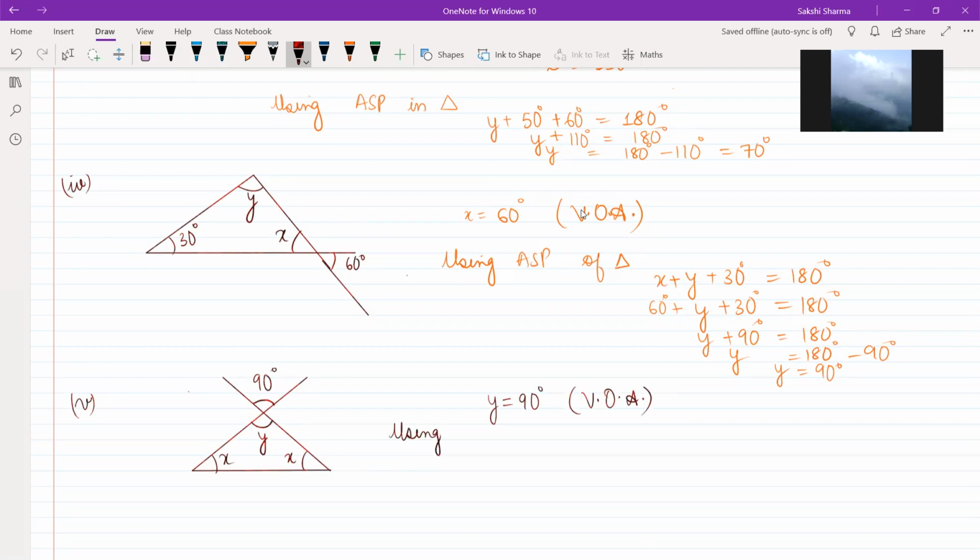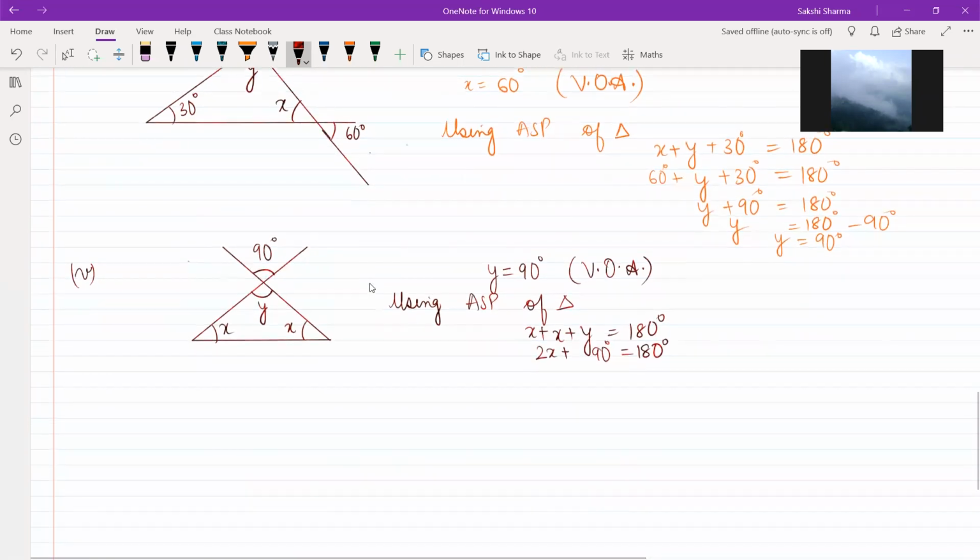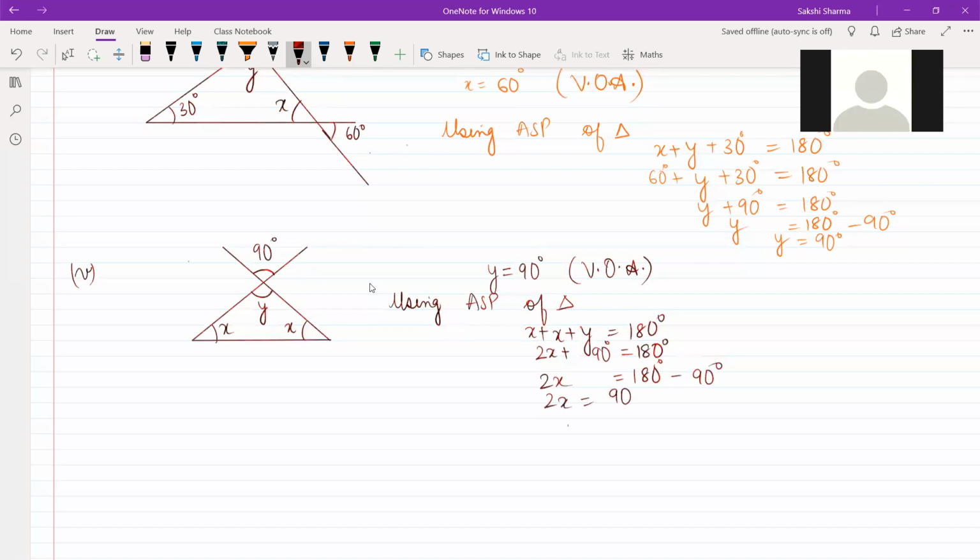And then I'm going to use the angle sum property in the triangle, for which the sum of the three angles inside the triangle should be equal to 180 degrees. Now X and X become 2X. The value of Y from here is 90 degrees. So you can solve. 2X comes out to be 180 degrees minus 90 degrees. 2X is equal to 90.